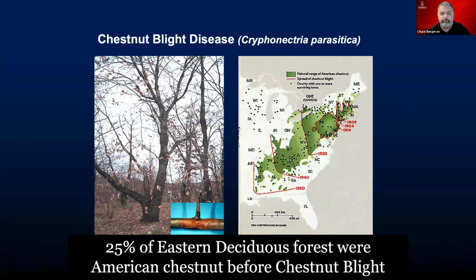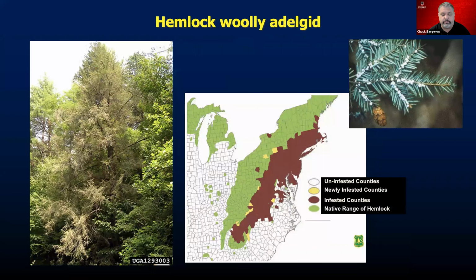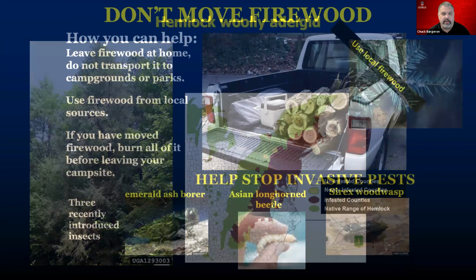These are things we've been living with for a long time now, and we've seen the impact to these species due to these invasives coming in. Hemlock woolly adelgid would be another one that has been here for a while now and is really doing a lot of impact to our hemlock populations.